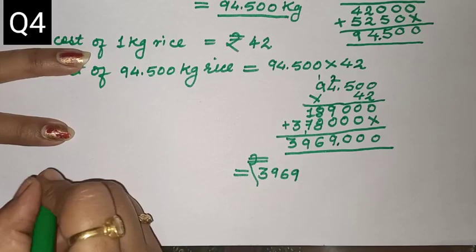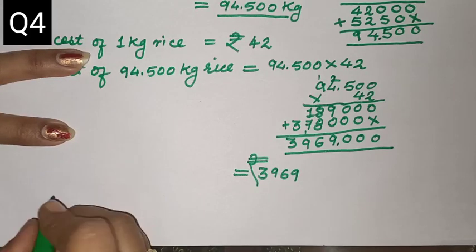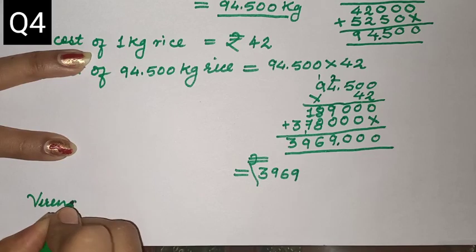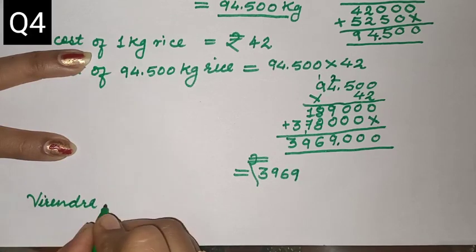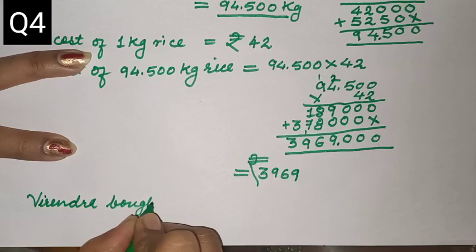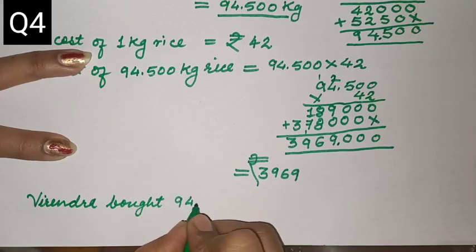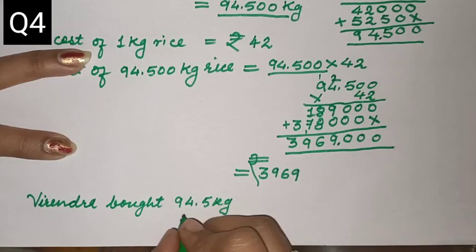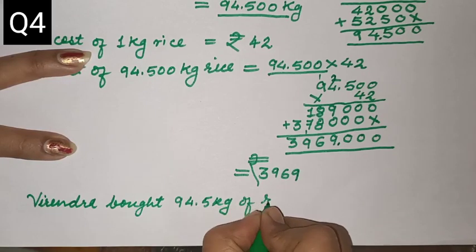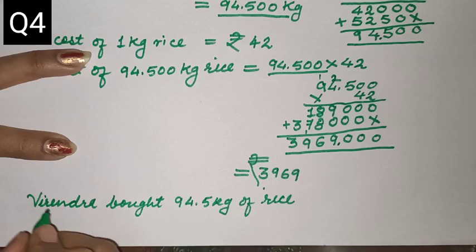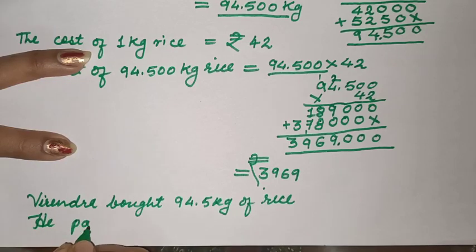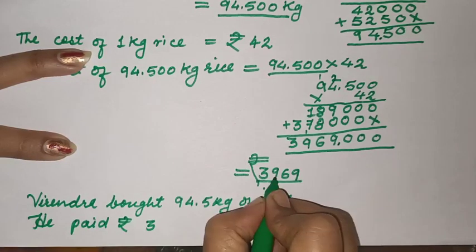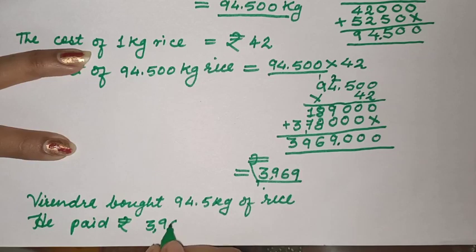So what you will write here? Virendra bought 94.5 kg of rice, and he paid rupees 3,969 for the rice.